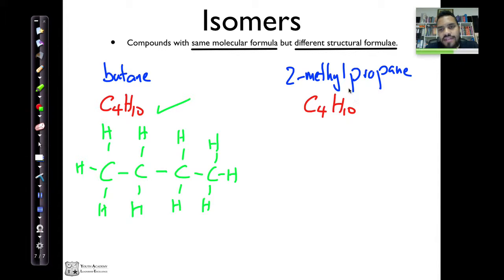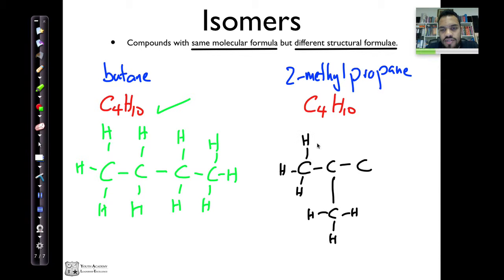Okay, and on this side we've got 2-methyl propane, and if I had to draw that out, let's first get the main chain. I'm going to draw 3 carbons like so, and then on the second carbon I'm going to have a methyl side chain that looks like this. Right, like so. There we go. We're filling in our hydrogens.